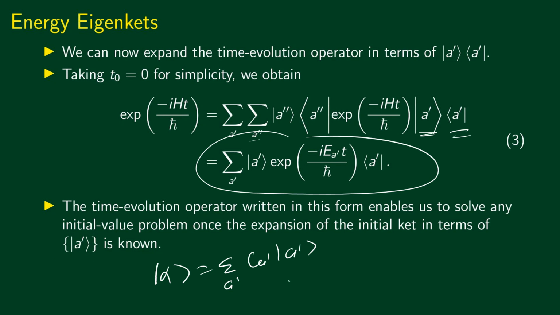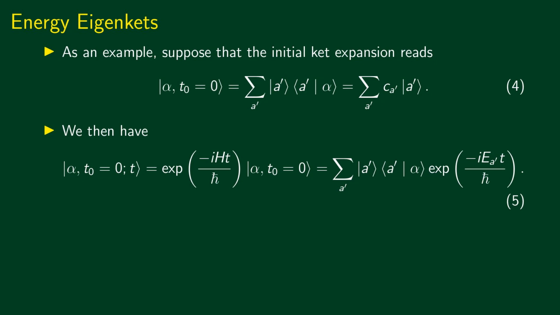As an example, suppose that the initial ket expansion reads ket alpha, t0 equal to 0, is equal to sum over A prime ket A prime, bra A prime ket alpha. Now this bra A prime ket alpha is called the expansion coefficient C A prime. So we are writing ket alpha, t0 equal to 0, is equal to sum over A prime C A prime ket A prime.